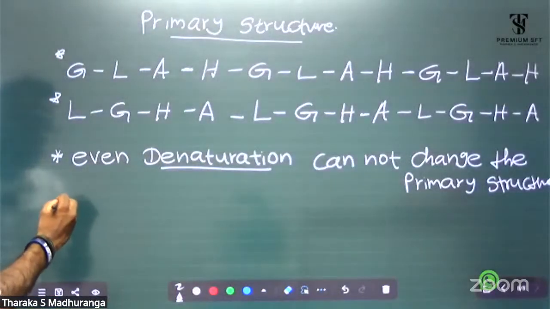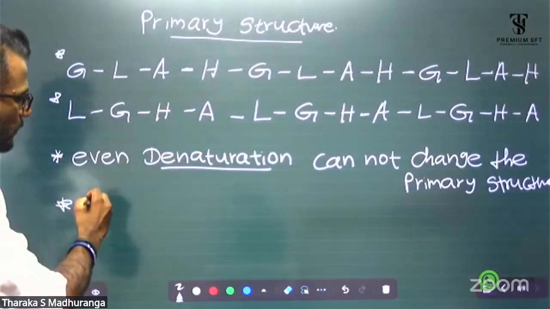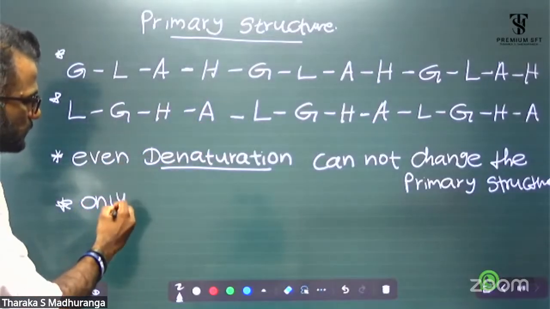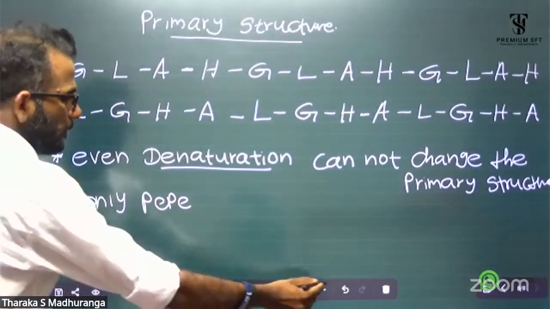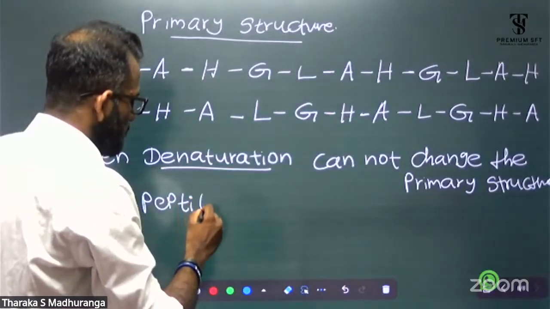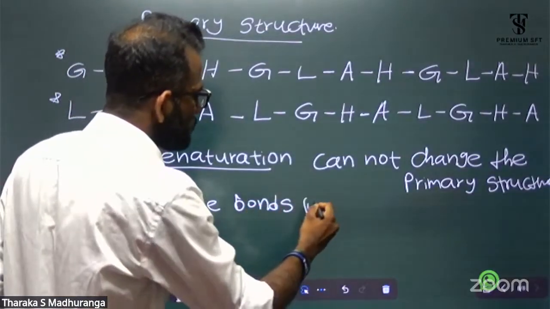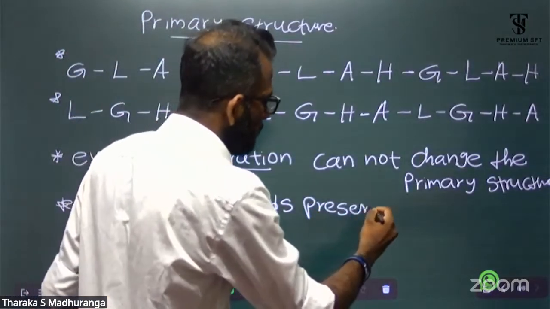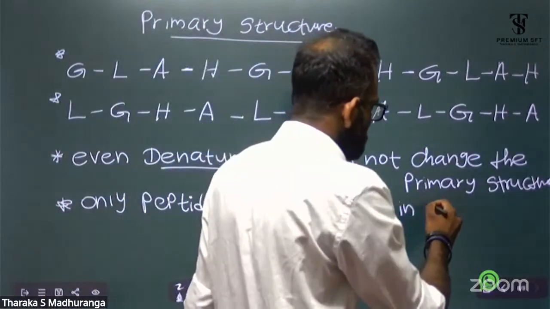The final point: in primary structure, only peptide bonds are present in the polypeptide chain.